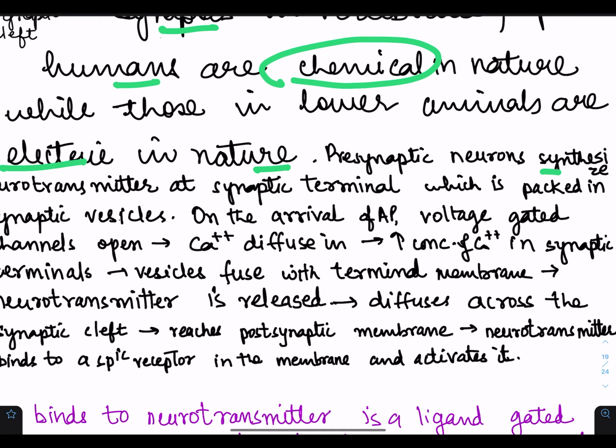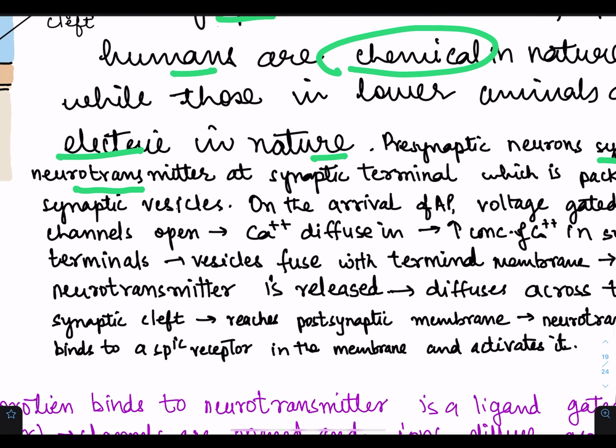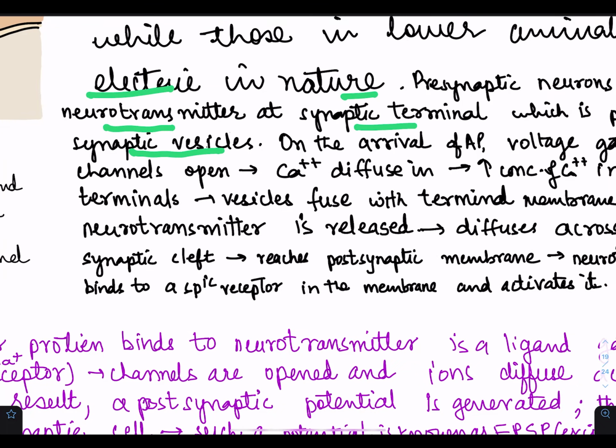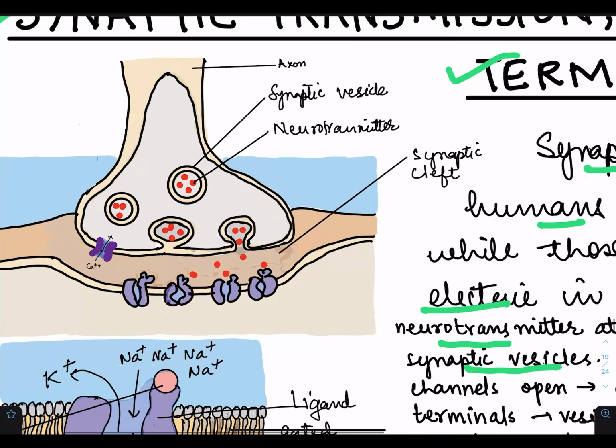Presynaptic neurons synthesize neurotransmitters at the synaptic terminal, which are packed in synaptic vesicles. In this diagram, we see these are the synaptic vesicles, and this red colored neurotransmitter is lying inside the synaptic vesicles.